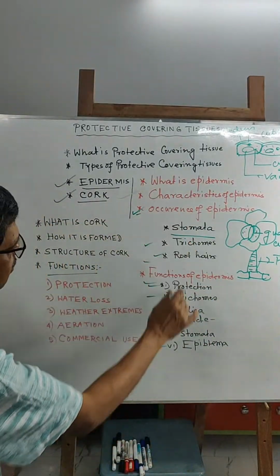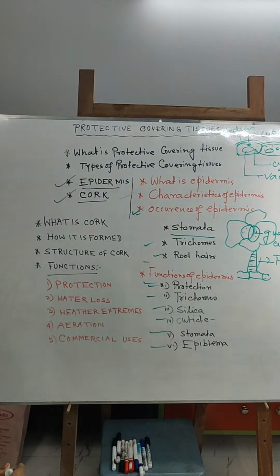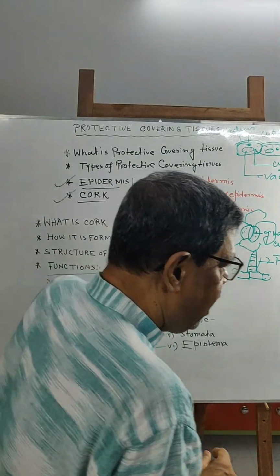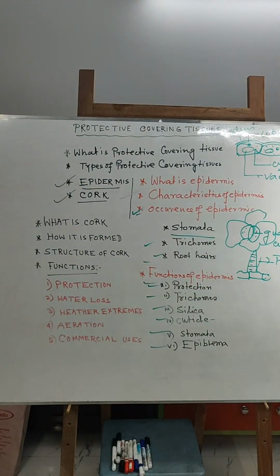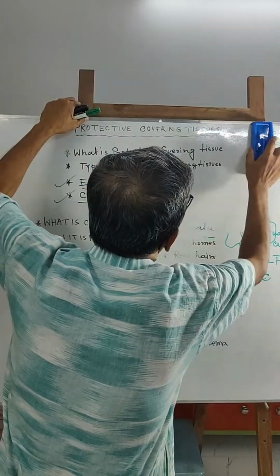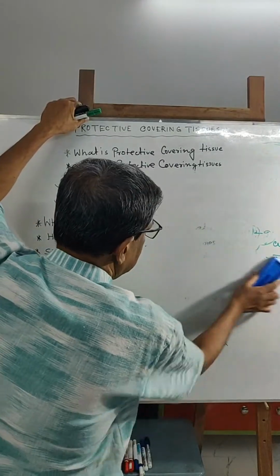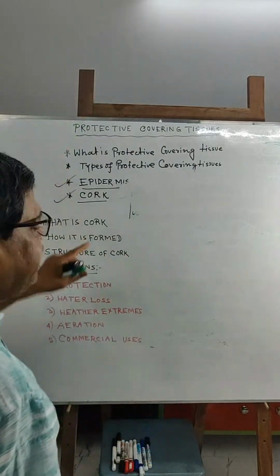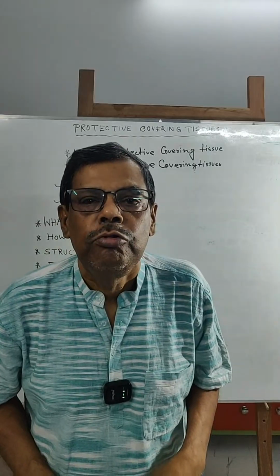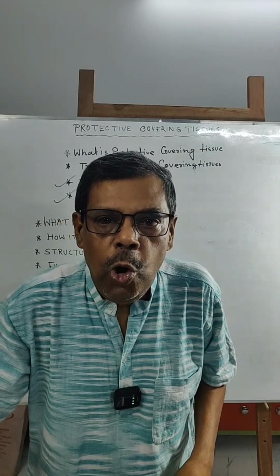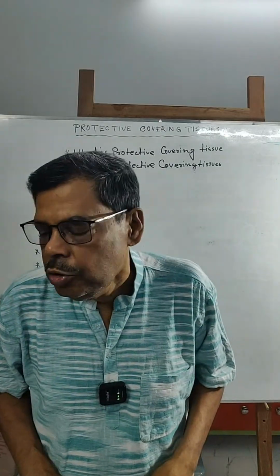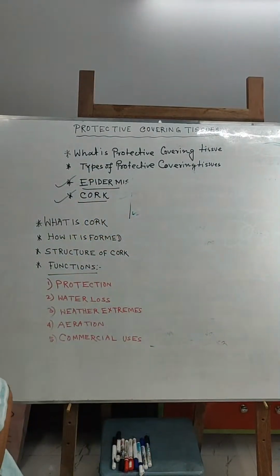Next, these are the protective tissues and their functions. Next, there is another type of protective layer called cork. What is cork? Cork is a multi-layered dead protective tissue found over the stem and branches and sometimes on the root.